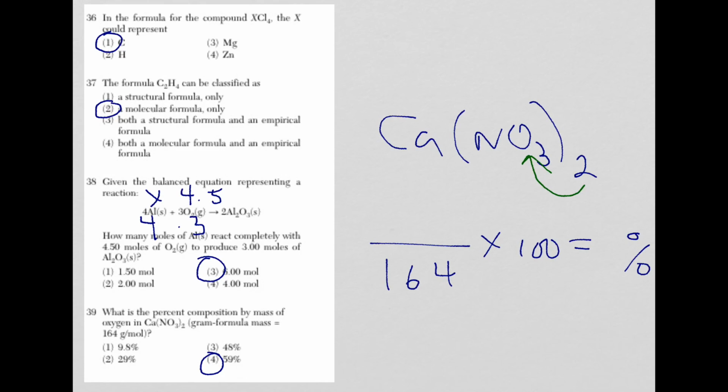So I need to take the 16, the gram formula mass for oxygen, and multiply it not by 3, but by 6. That's 96. Don't do this without a calculator, and don't do this without the reference tables. 96 divided by 164, and then times 100, is essentially 58.5 or 59%.